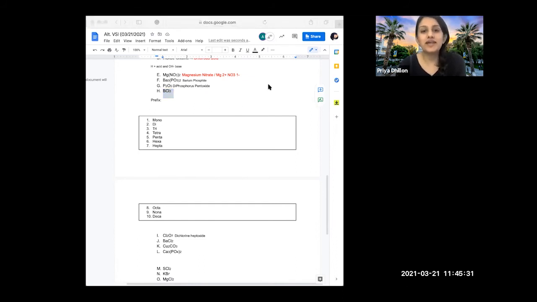So basically that's when the rule of ionic versus covalent compounds comes in. I want you to look through your notes and tell me which one. We have ionic compounds and we have covalent compounds. Tell me which one uses the prefixes and which one doesn't.